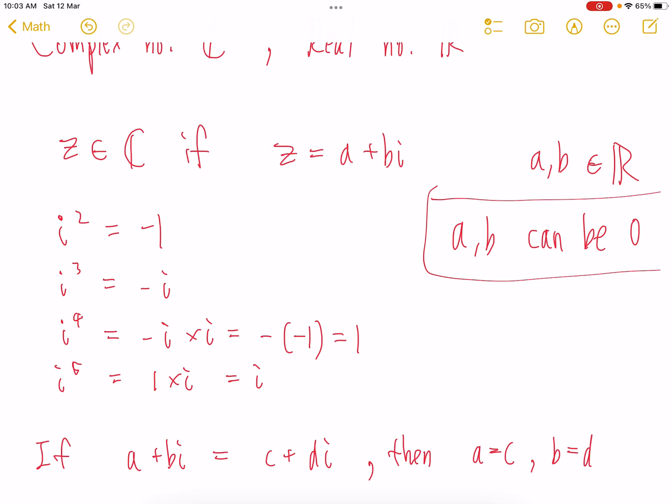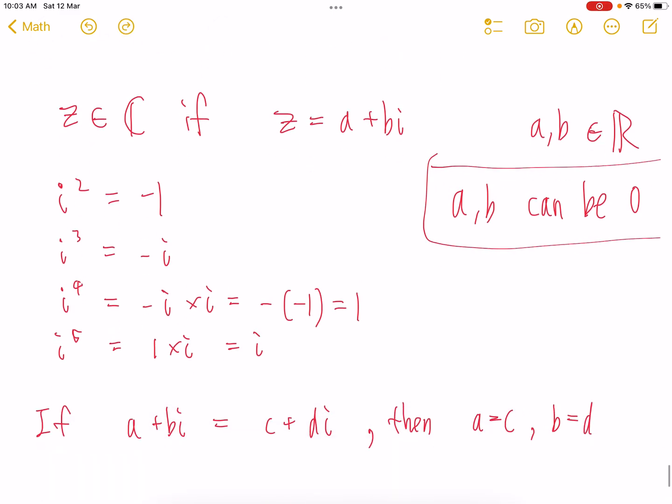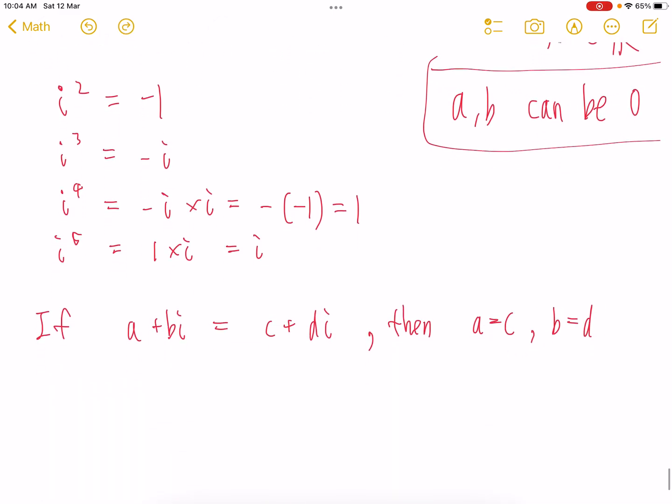So, with that being said, let's take a look at the property of our imaginary unit i. So, i squared is -1. That is by definition. Okay, sorry, my spelling is so bad.